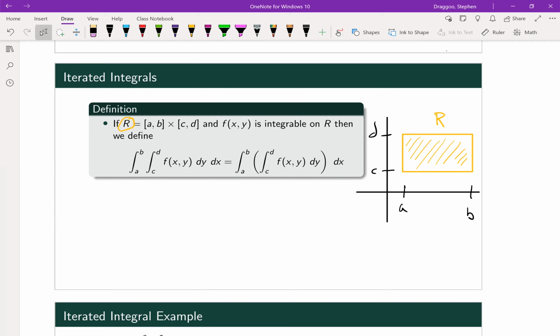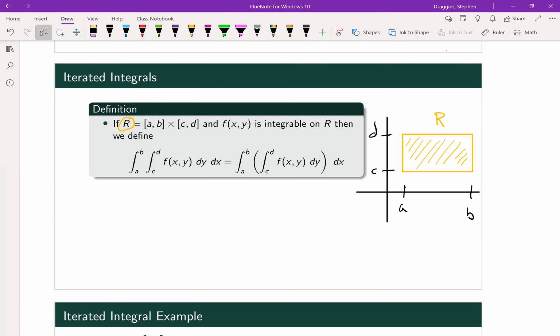So for an iterated integral, we'll still define our region R, except this time we're going to talk about specifically what it is. And for this section, at least, we're only going to look at rectangular regions. So we're going to define our region R to be the rectangle covering A to B in the X direction and C to D in the Y direction.